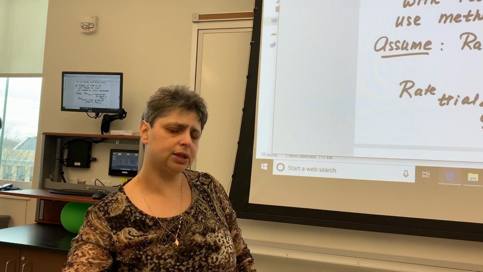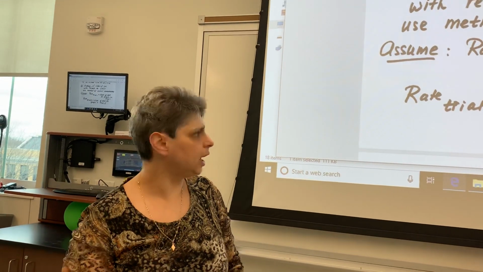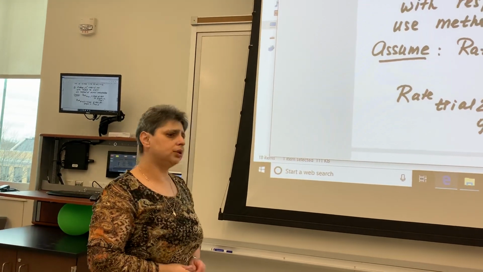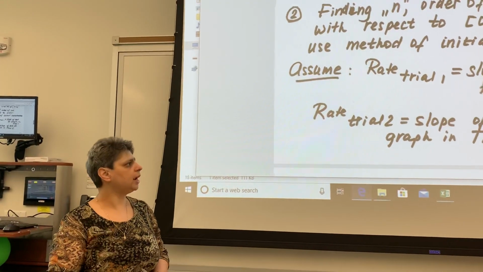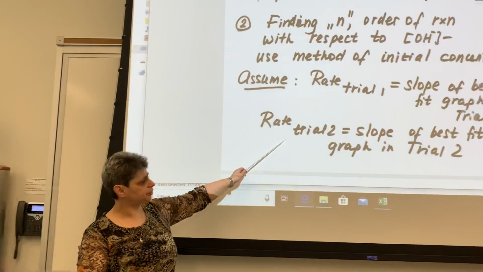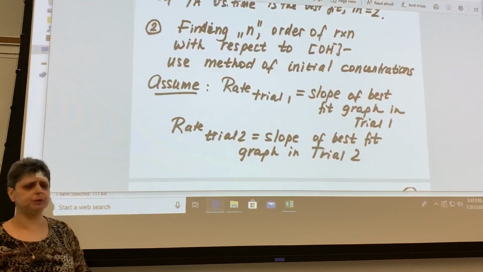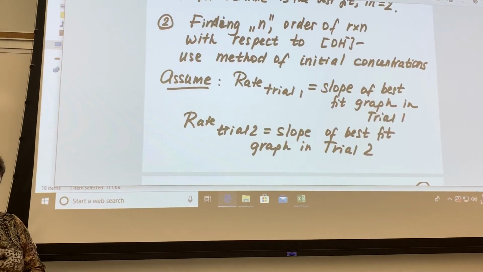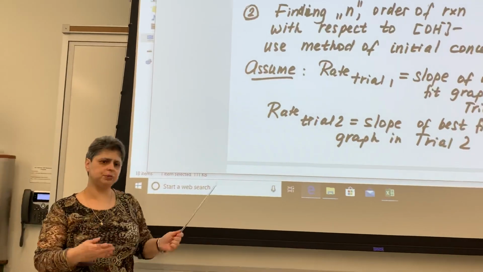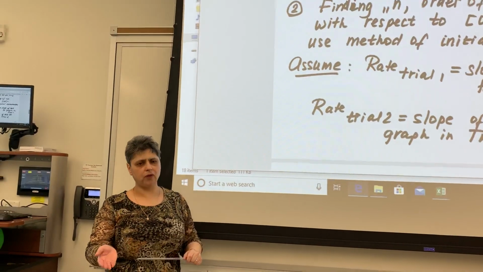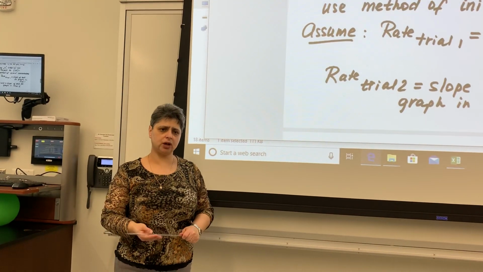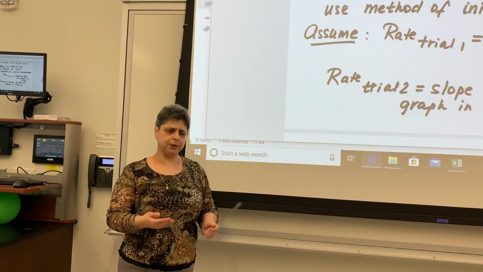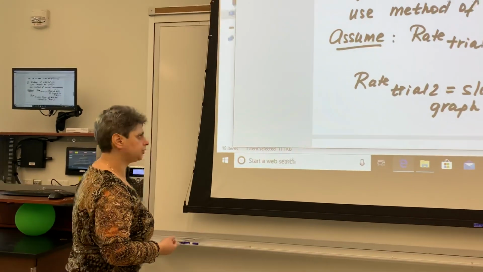Well, hydroxide's concentration is going to vary. In trial 1, your concentration will be 0.1 moles per liter of hydroxide, and in trial 2, the concentration of hydroxide will be 0.05 molar. So let's think about it, 0.1 molar versus 0.05 molar. It's clear that we are cutting the concentration of hydroxide in half, comparing trial 1 and trial 2.